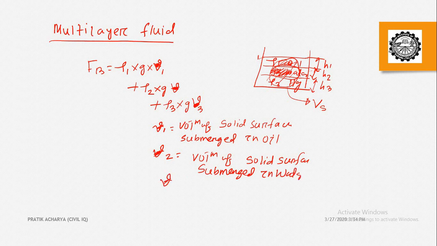Similarly, V3 is how much volume of solid surface is submerged in mercury. This is the entire thing. So this is the way in which we can calculate for a multi-layer fluid.